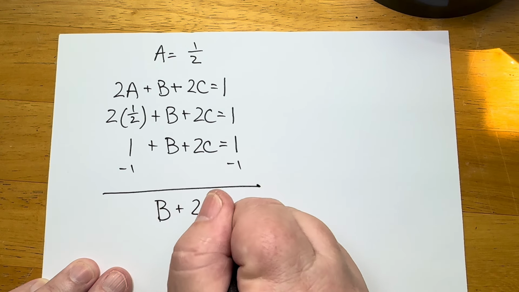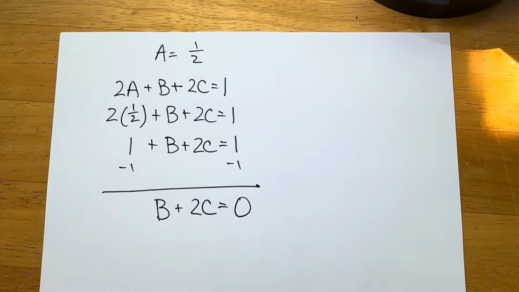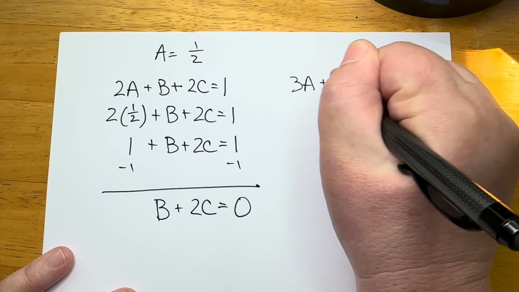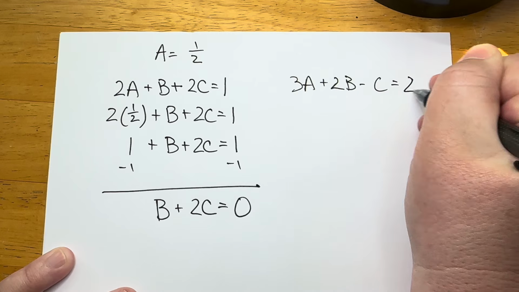B plus 2C equals 0. Okay, so we've got that bit of information. So far, so good. Then we also know 3A plus 2B minus C equals 2. There we go.